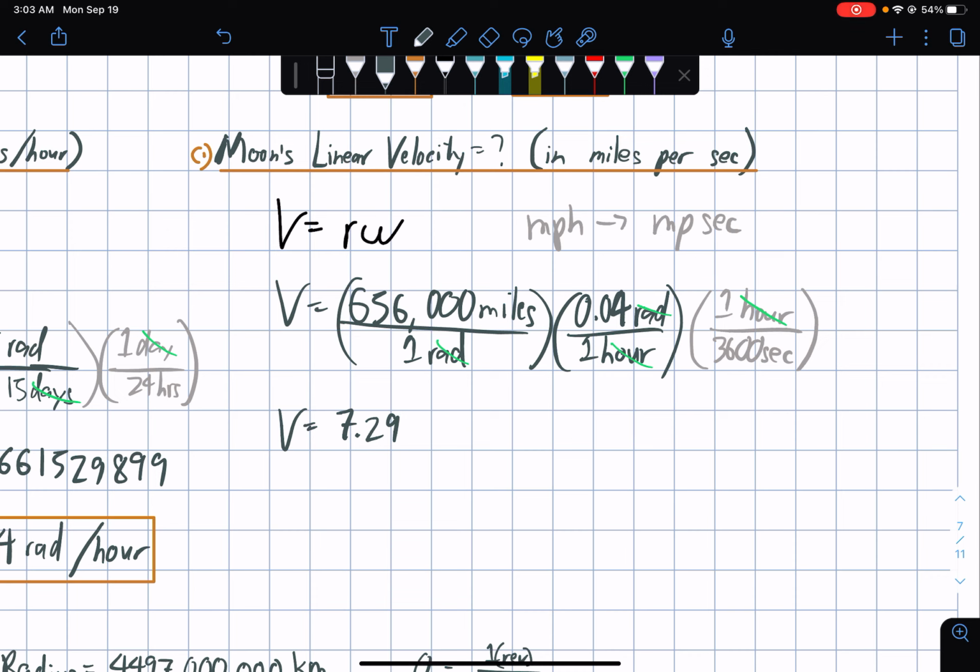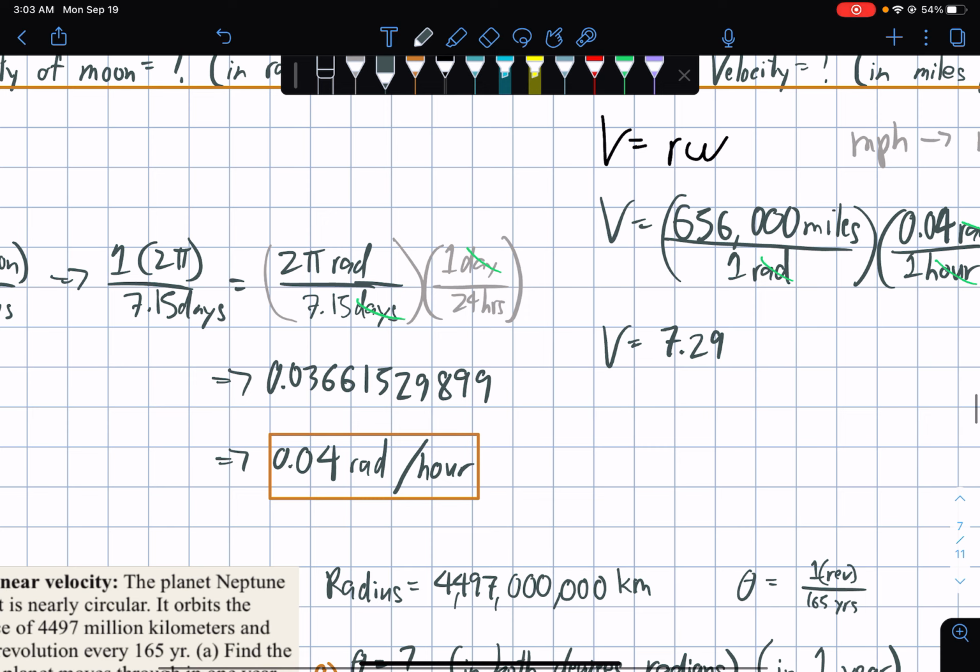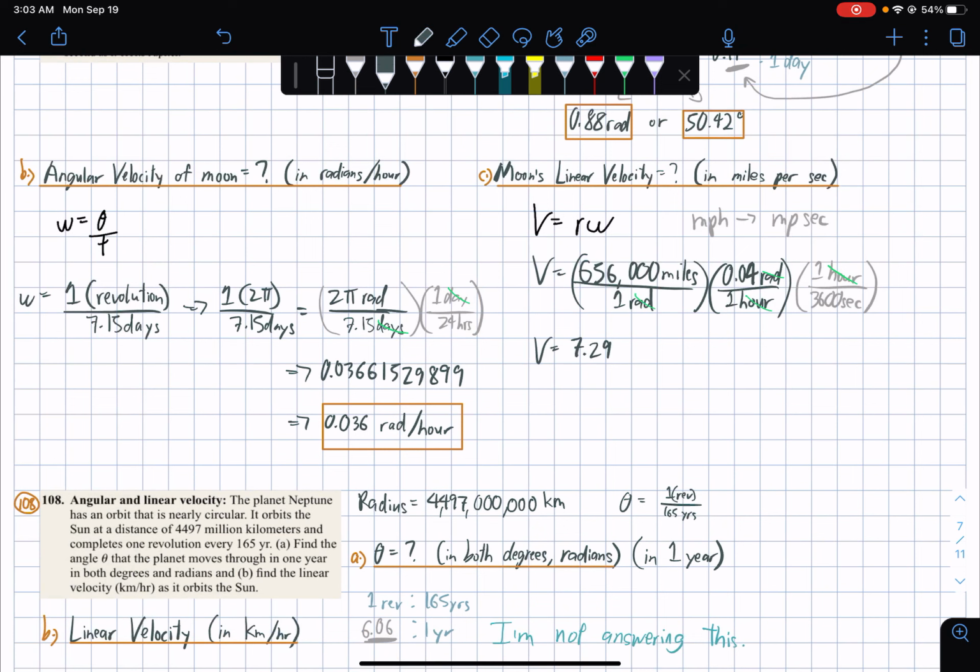Hang on. I'm so tired. Actually, let's try to. This is actually the same answer, but then let's make this 0.036 rad per hour. Why is it 0.036?